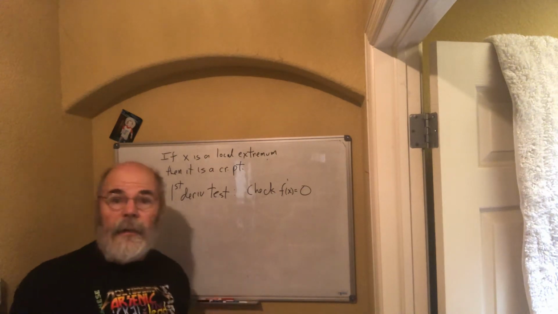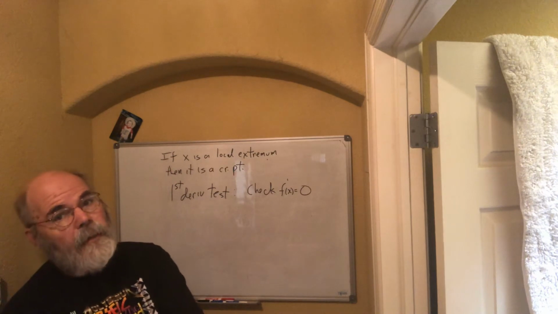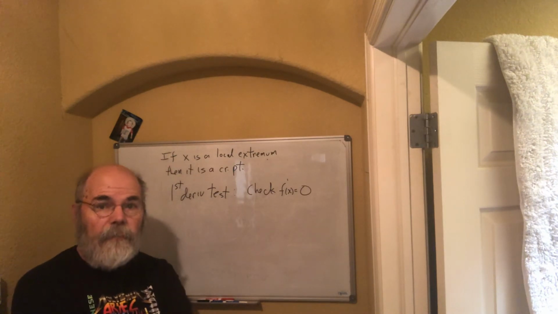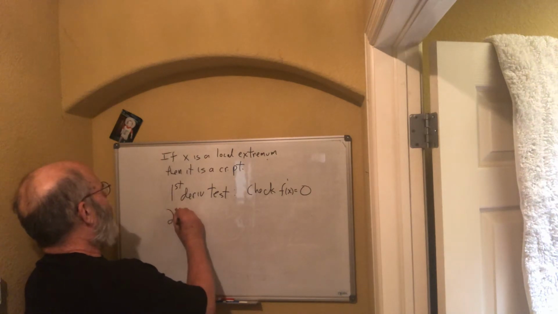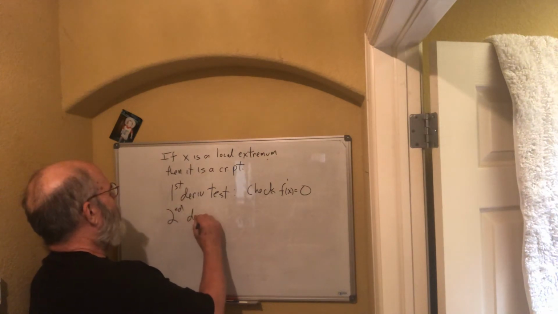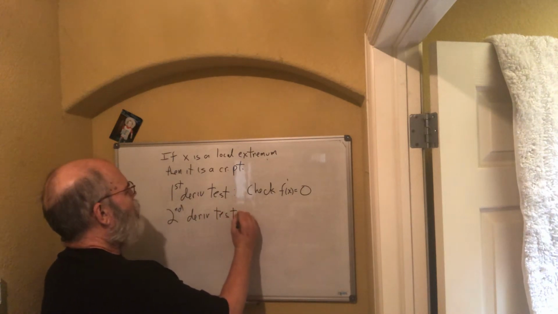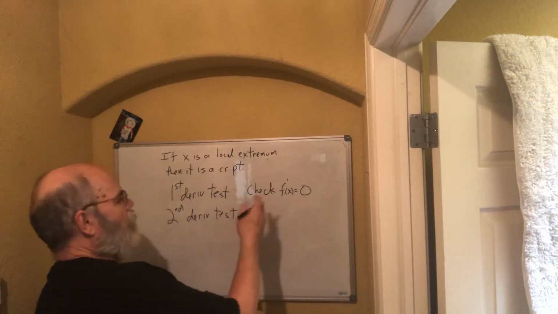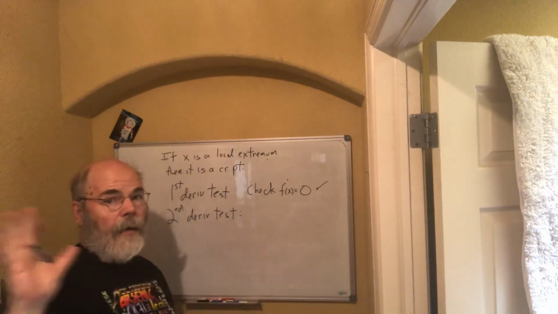Then, assuming it is, the next question turns out to be, well, is it a minimum, or is it a maximum, or what? And so that brings us to the second derivative test. Okay, and it goes this way. So let's assume this is true. So we're at a critical point.